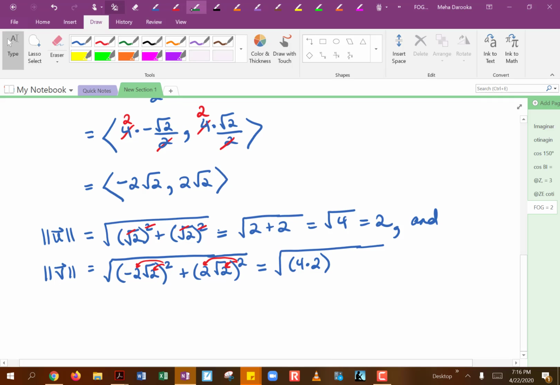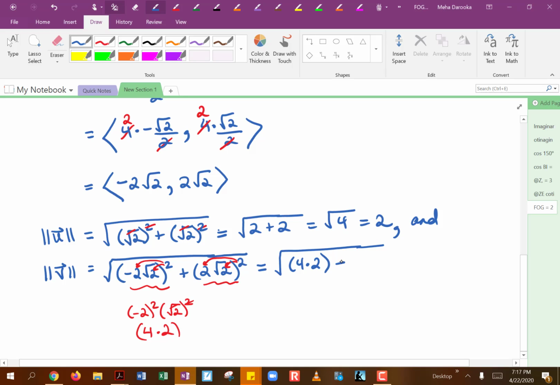If you want to see the breakdown, you are doing negative 2 squared and square root of 2 squared. Negative 2 squared will become 4. The square root and square will cancel out, and you will end up getting 4 times 2. The same thing happens here, except you don't have that negative on your 2 on the outside.